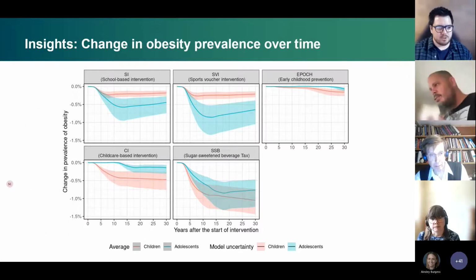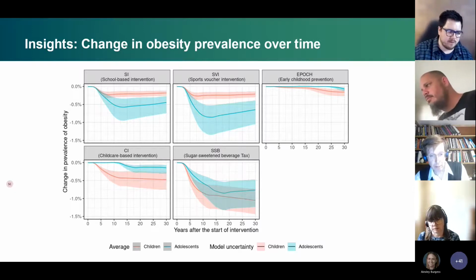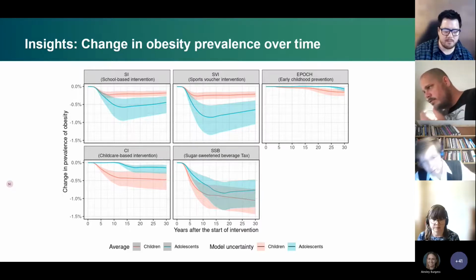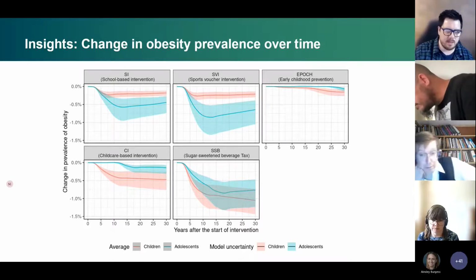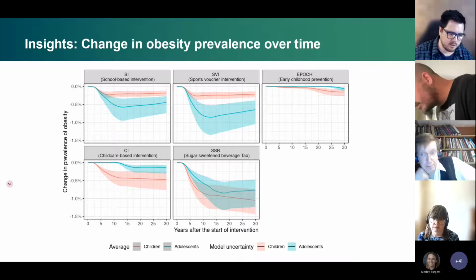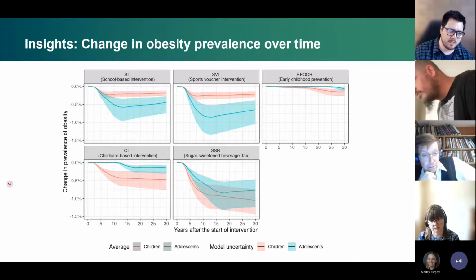So I'll just describe this plot before we go into the results. On the y-axis, we have the change in prevalence of obesity, and I've mainly focused on the difference between the baseline model, the model that is run without an intervention, and the model run where an intervention is implemented. The shaded areas around each of the lines are a sense of how uncertain we might be of those estimates.